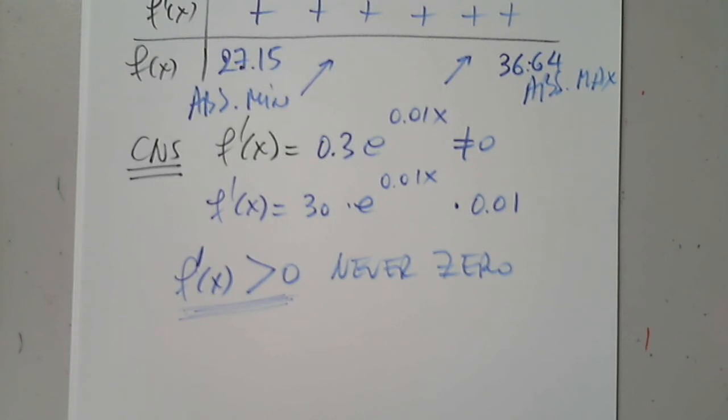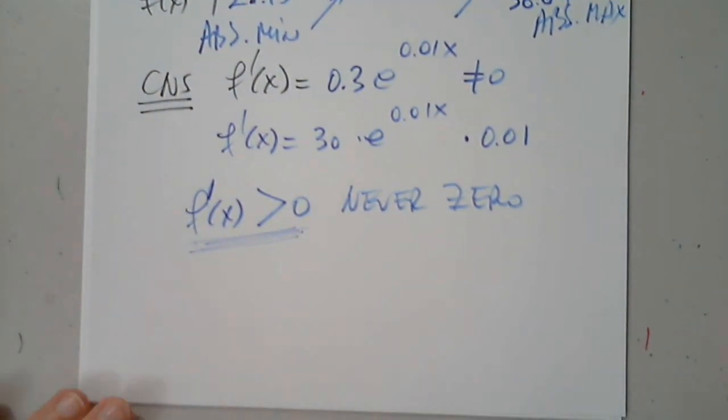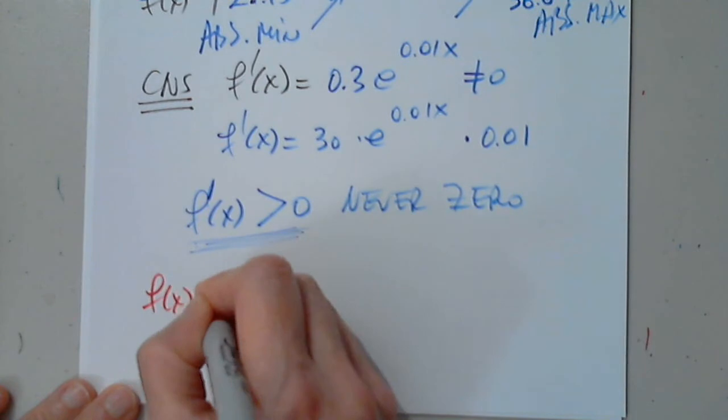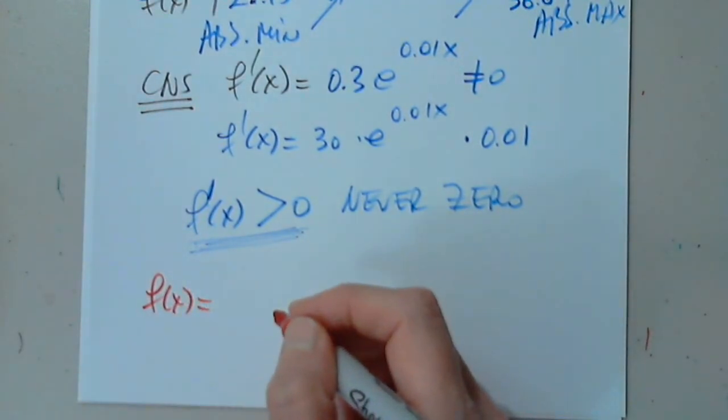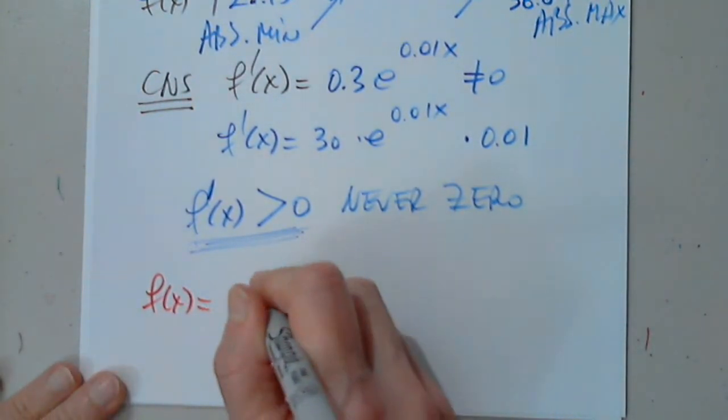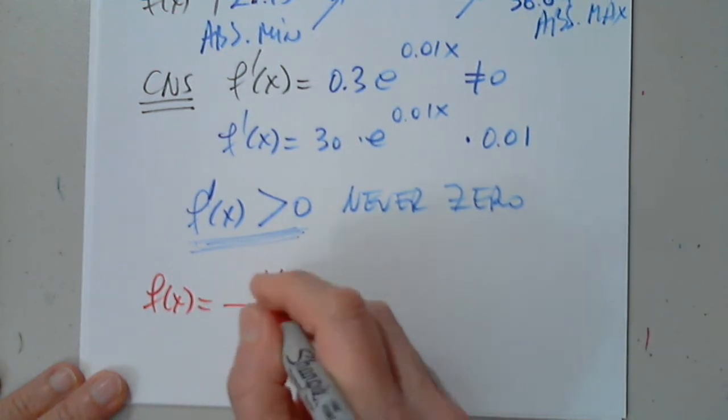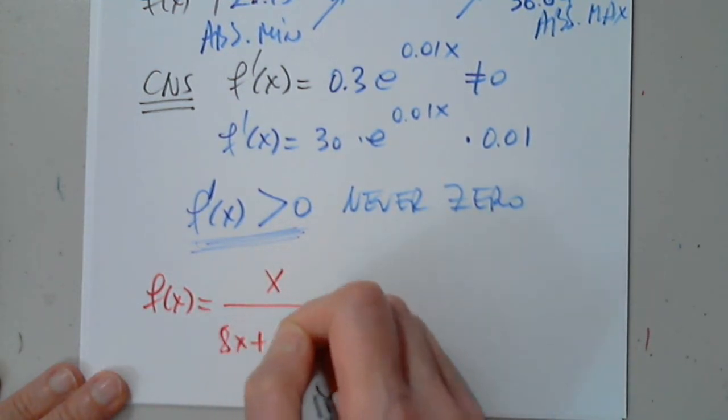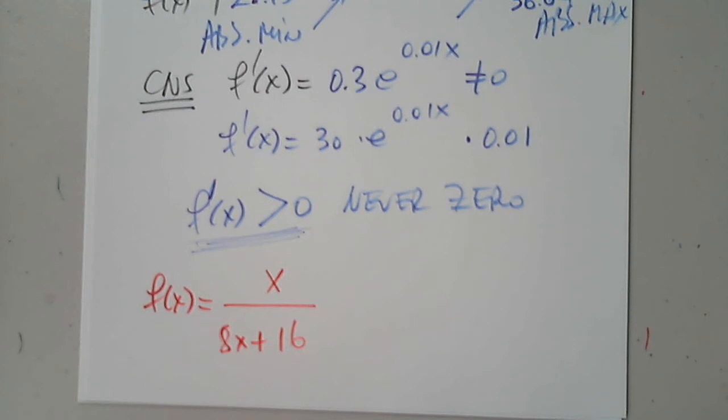That I remember. Let's graph 17. 6x over 8x plus 3. I'm going to change it a little bit to make it more friendly. I'm just going to put x at the top and 8x plus 16 in the denominator. Just something a little bit friendlier. I hope so. We'll see.